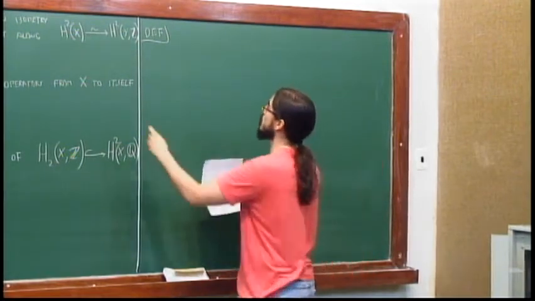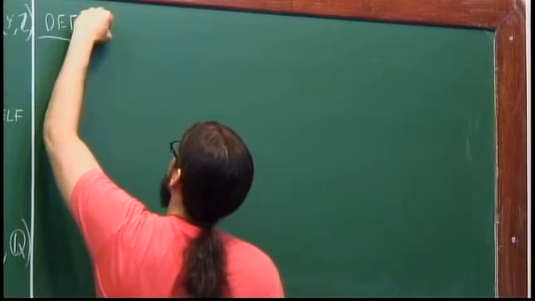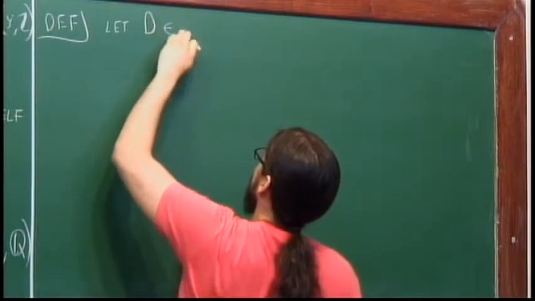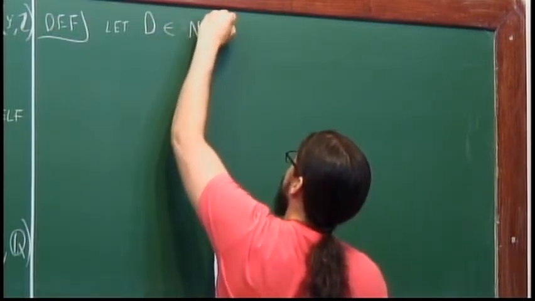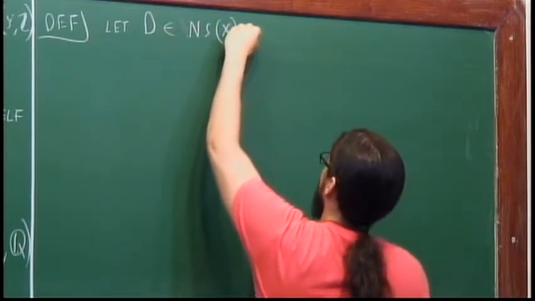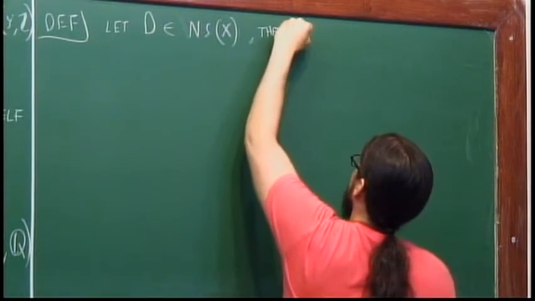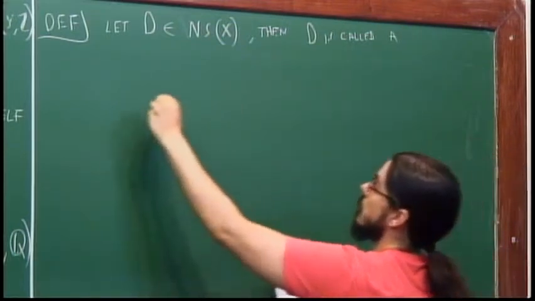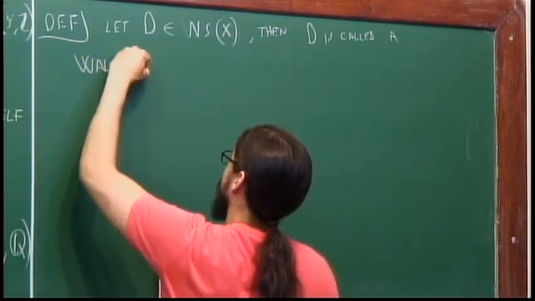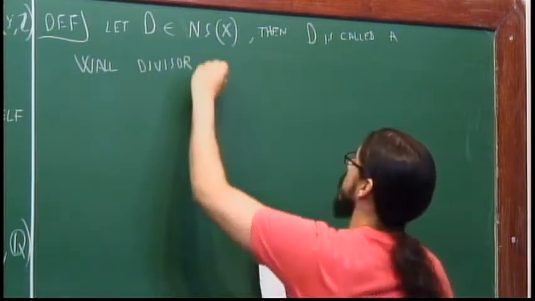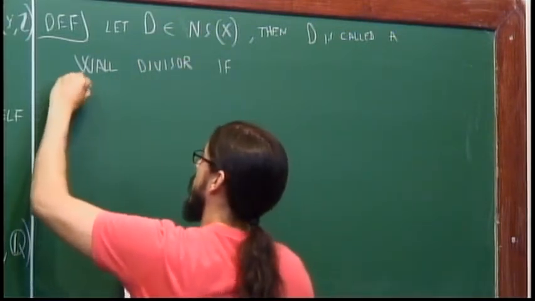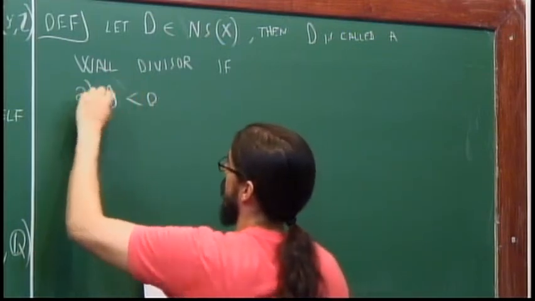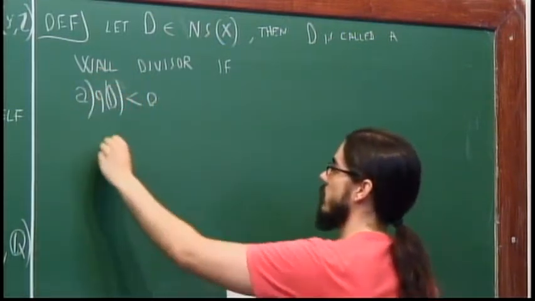The last definition for now, we take D a divisor, then we call it a wall divisor if, first of all, its square is negative with the Beauville-Bogomolov form.